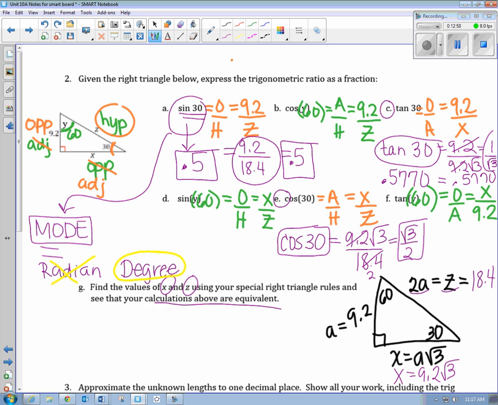So when I type in the cosine of 30, I end up with, and I'm rounding here, 0.8660, which is the same thing that I get when I type in radical 3 over 2. You need to be careful on your calculator when you type that in, because if this is your calculator screen, when you type in radical 3, sometimes it starts a set of parentheses for you.